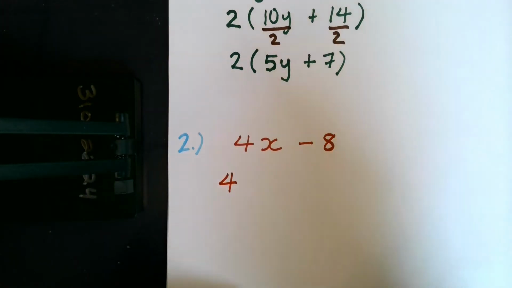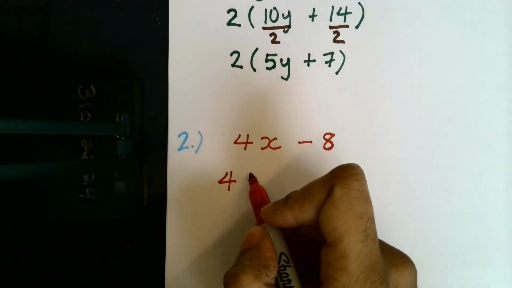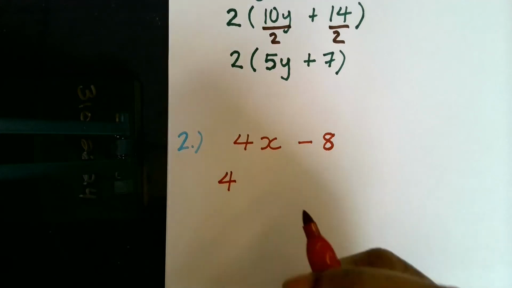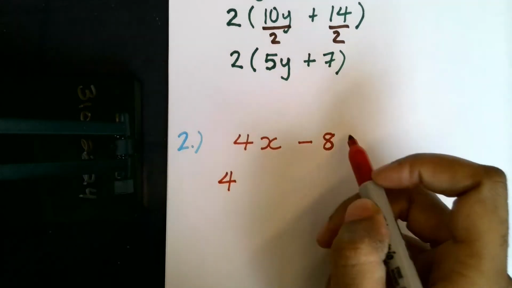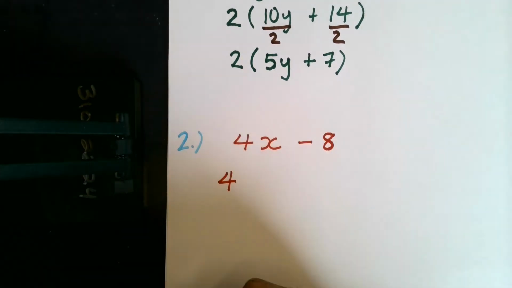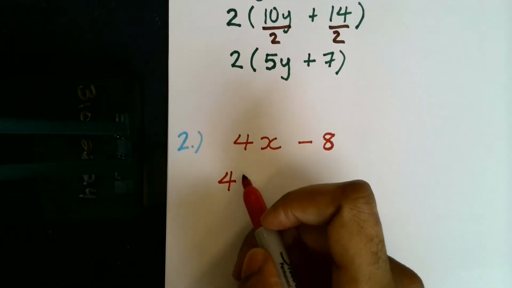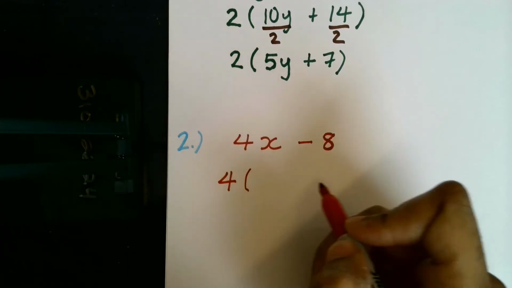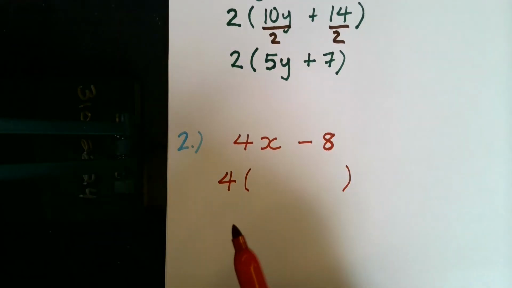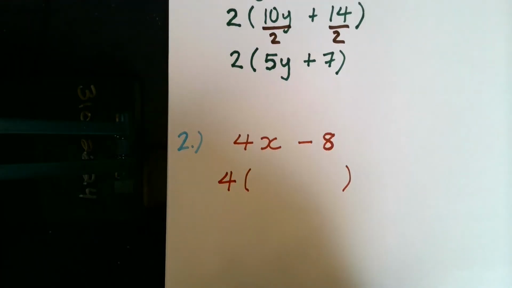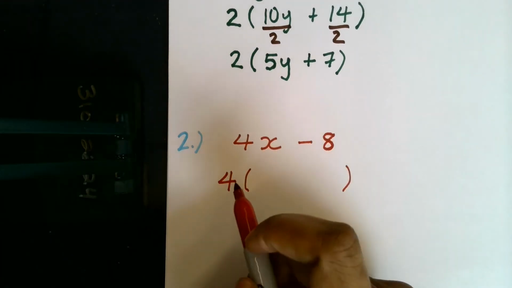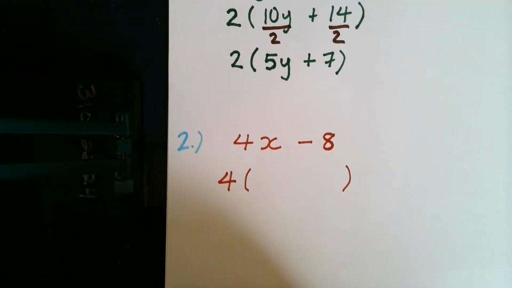It is only 4 because x is not common to both terms. So I cannot write x along with 4, because x is not common to both terms. So our GCF is only 4.